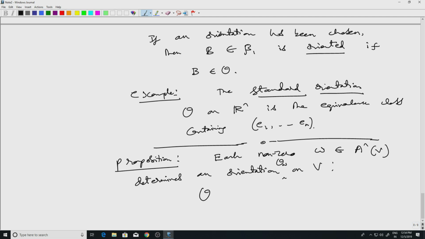So O subscript omega is the set of all bases B equal to V1 up to Vn in beta such that omega evaluated on V1 up to Vn is positive.